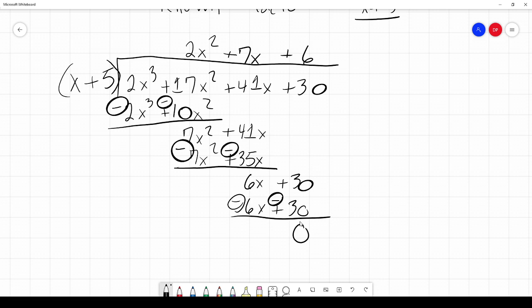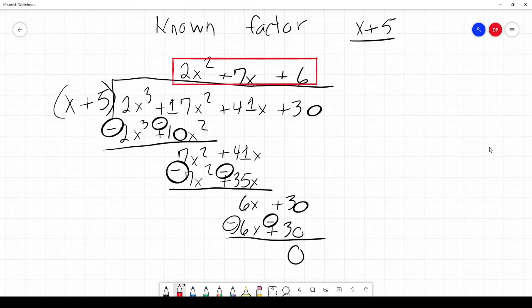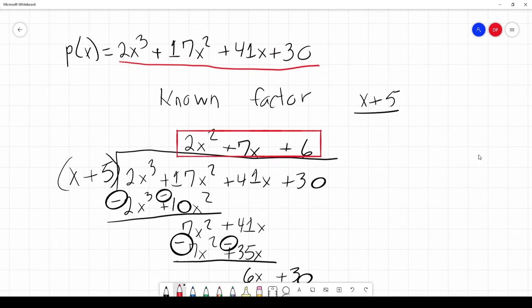So we did get a remainder of 0, but the real important part that we got from doing this is our quotient here. Okay, so remember what we just learned: we know p of x, here's our original polynomial.